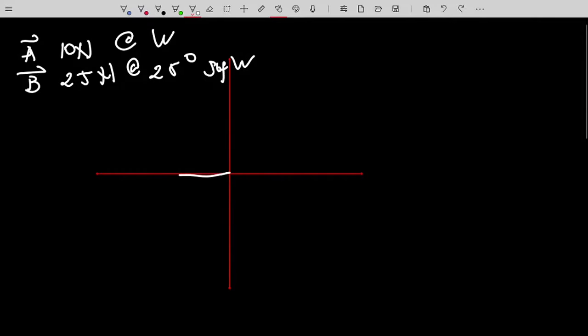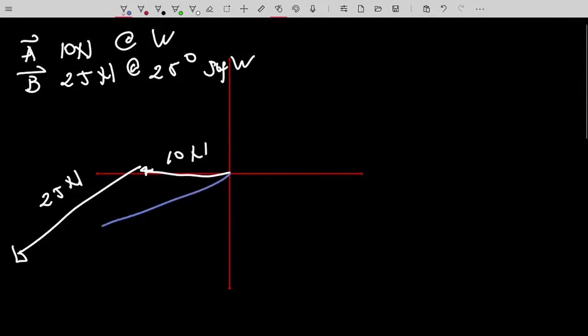This should be our first vector, which has a value of 10 newtons. Our second vector is going south of west, so you should have a vector like this one, and it has 25 newtons. For our resultant vector, again, draw a straight line starting from the central axis going to the head of your last vector. Now this is our resultant vector.